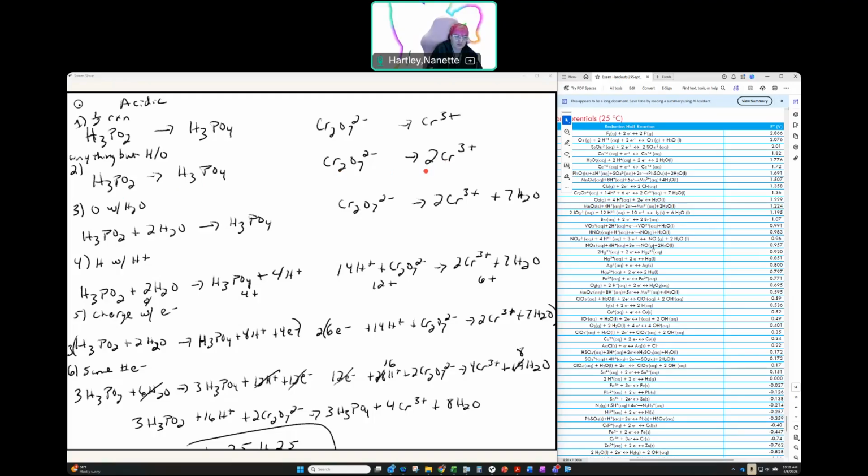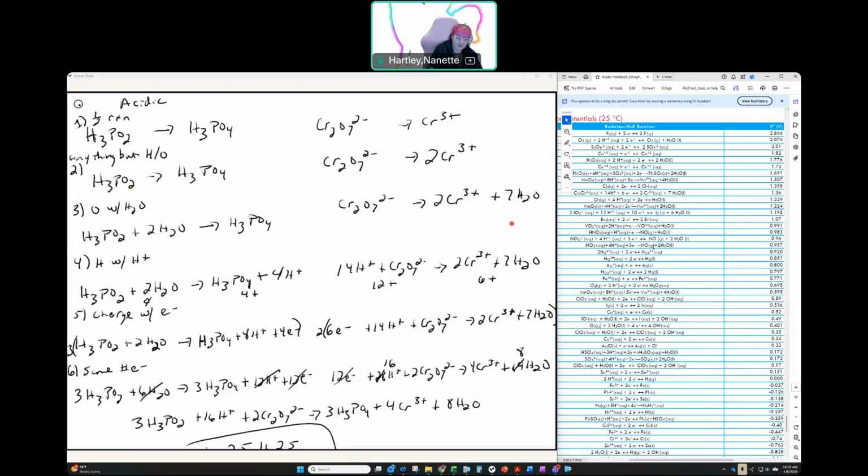So now I've dealt with chromium. Now I need to deal with oxygen using H2O. That's where I get that oxygen. So if I'm missing any oxygen, I'll add H2O. So looking at this equation right here, I can see that I have 4 oxygen on this side and 2 oxygen on this side. So I need to add 2 H2O to that half reaction, which is what I did. I have 7 oxygen here and none on this side.